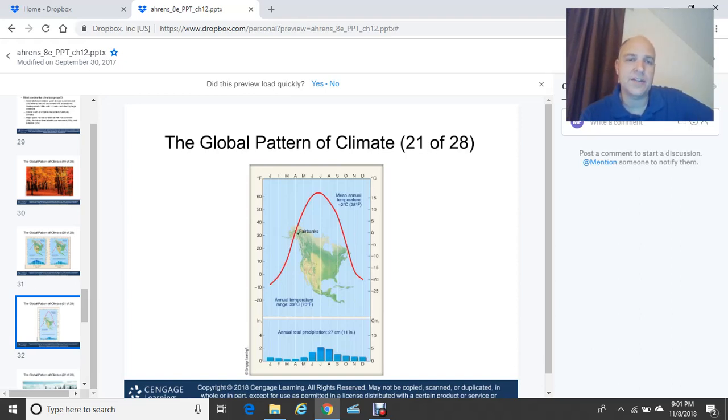A lot of this has to do in Fairbanks with the amount of sunlight they receive throughout the year. They're pretty far north in latitude, so they have a widely varying degree of daylight and darkness. And then at the bottom, I'm showing you the annual total precipitation in a place like Fairbanks, Alaska. It's only 11 inches a year.